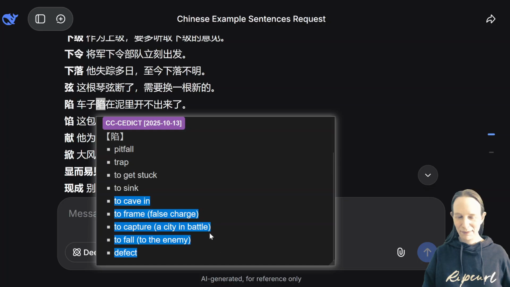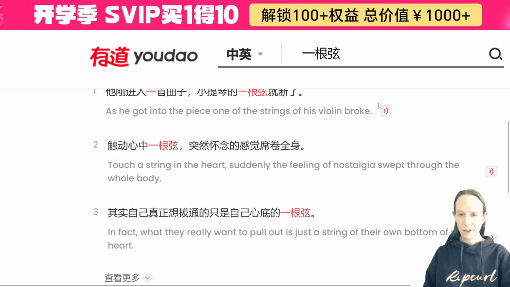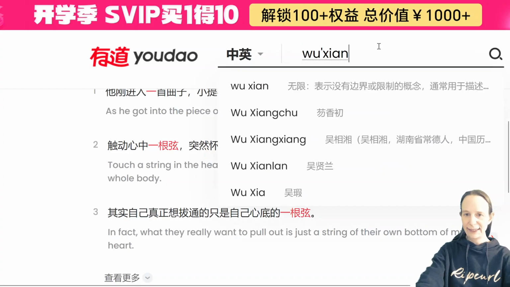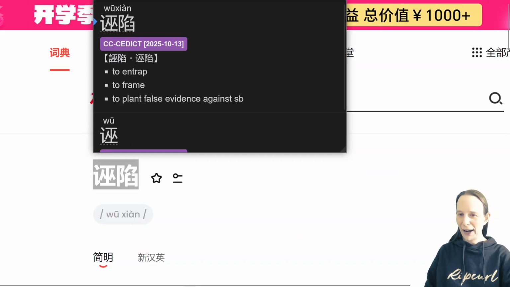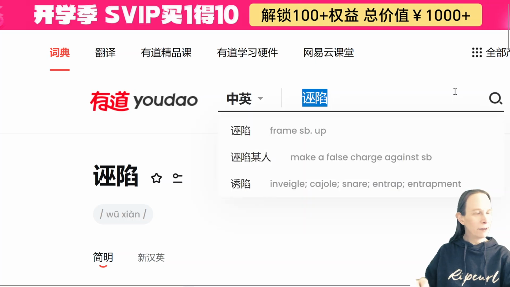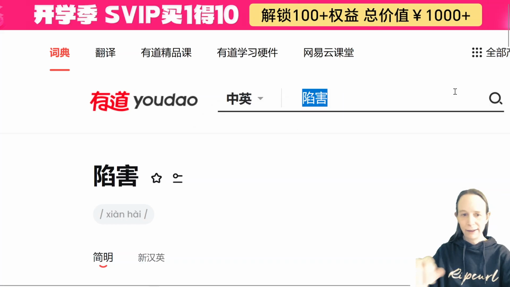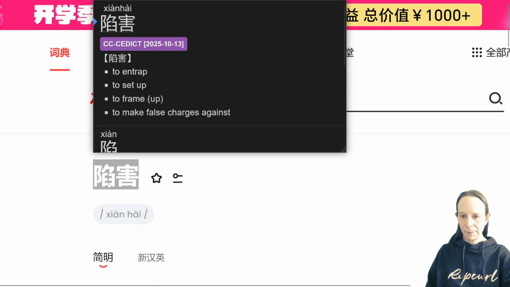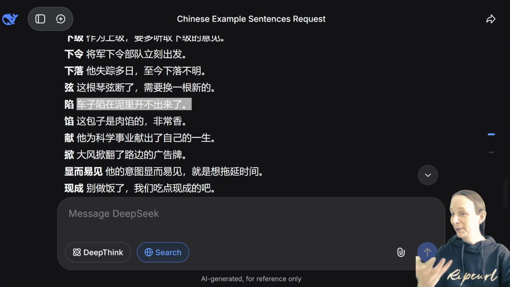There are these meanings we kind of talked about. 陷害. What about this one? Anyway, 陷.